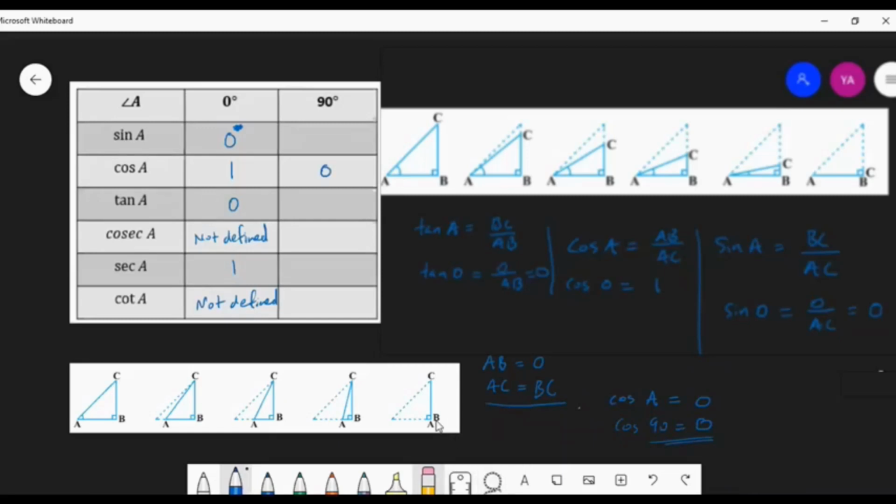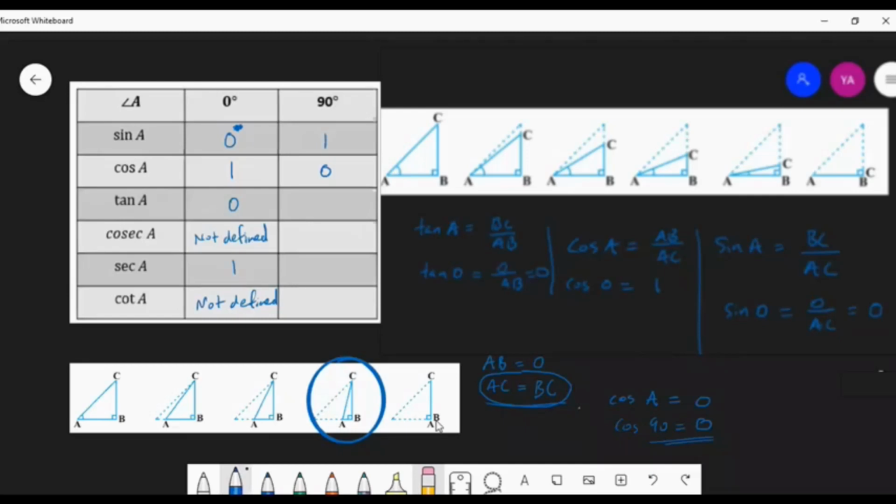Sin A, that is sin 90, is 1, right? The side opposite to angle A is BC and the hypotenuse is AC, and AC and BC coincide, they are equal. So BC by AC will become 1.